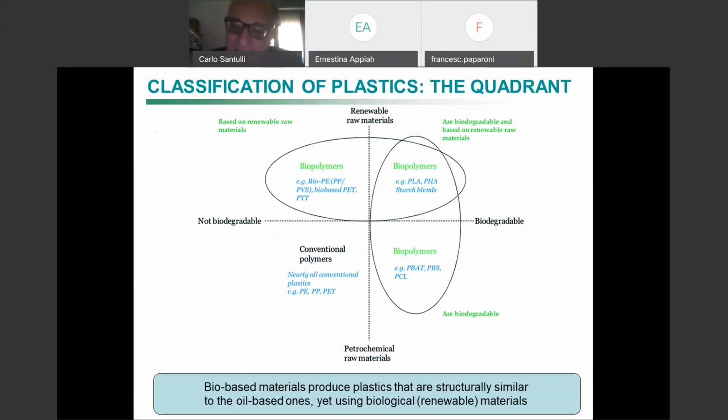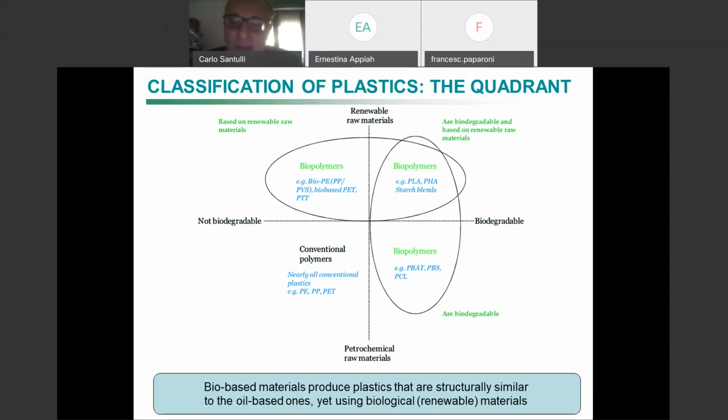This diagram is useful, but as many models in engineering, it's very rough. What I'm saying by rough, it says for example, that these materials are non-biodegradable.